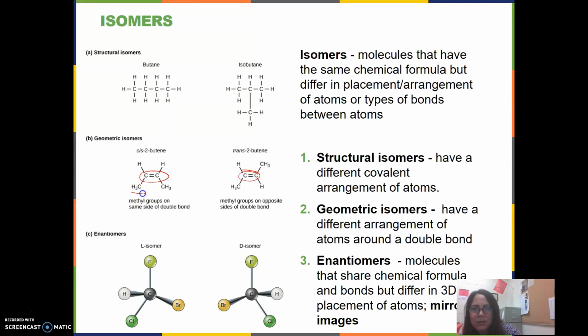Notice both of the CH3 groups are on the bottom in cis-butene, and they're opposite one another in trans-butene. And then enantiomers are molecules that share chemical formula and bonds but have different 3D placement of atoms. They're mirror images of one another.